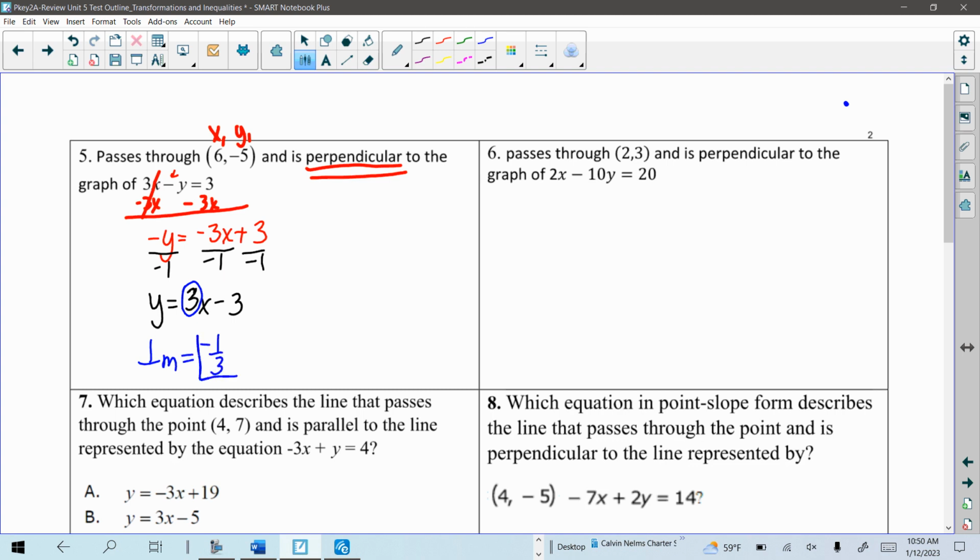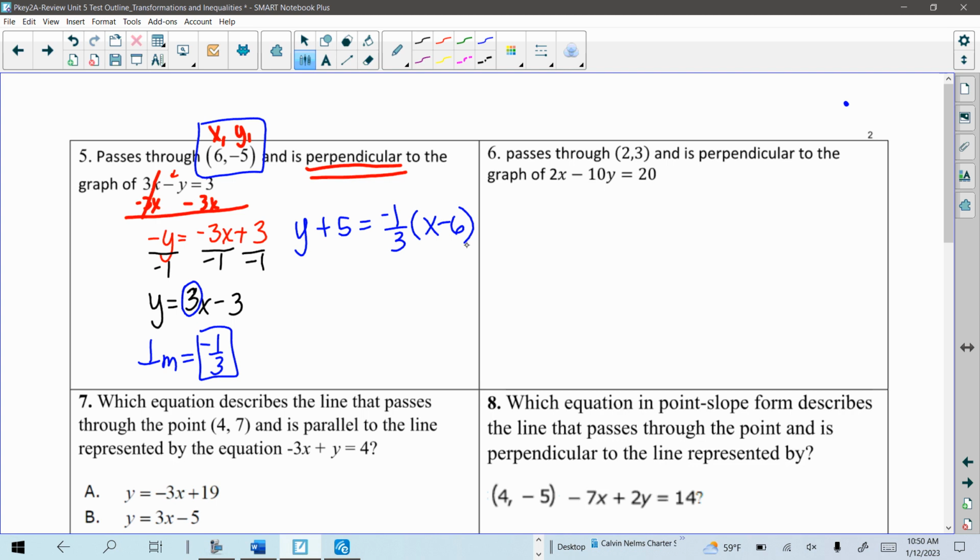Very good. So we're using this slope in our point slope form with our points up here. So y, now it's going to be plus 5 equals the negative 1/3, parentheses x minus 6. I just went straight to step 3, which is plugging in. So now what should we do?